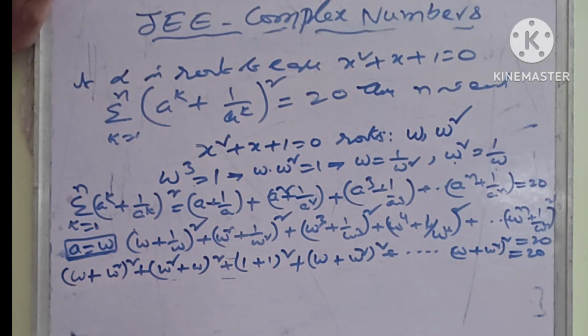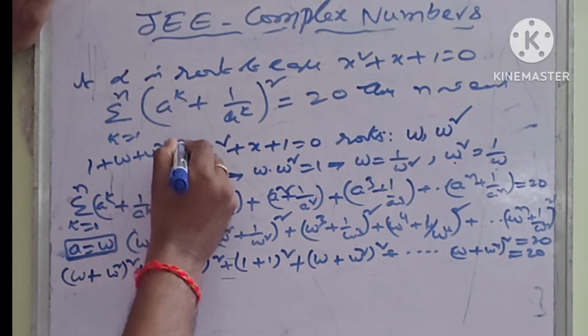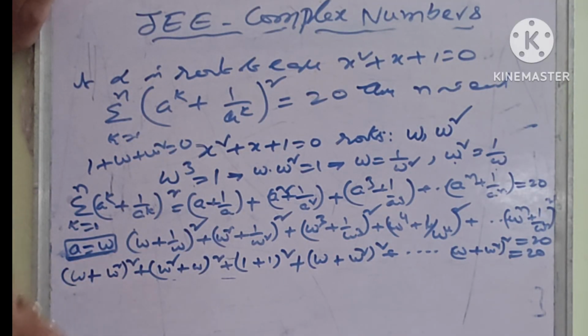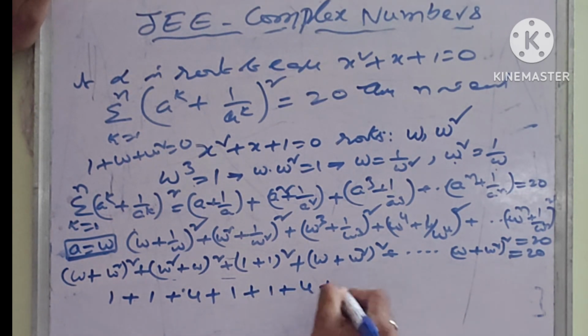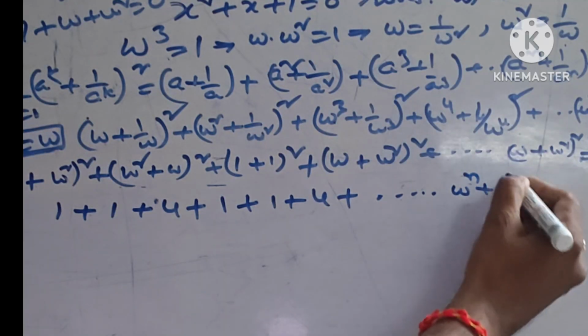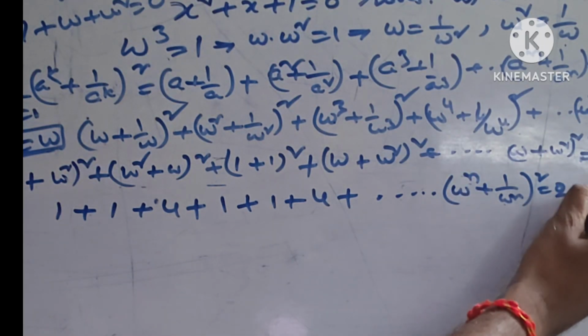Here we know one rule, 1 plus omega plus omega square is equal to 0. Omega plus omega square is equal to minus 1. Minus 1 square is 1. So 1 plus 1 is 2 square, so 2 square means 4. Here this is 1. So this is 4 plus 1, and so on, omega power n plus 1 by omega power n whole square is equal to 20.